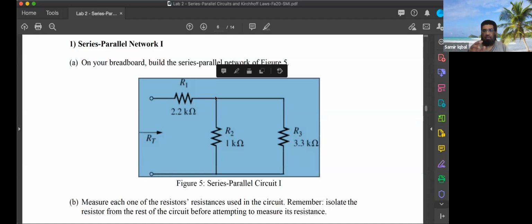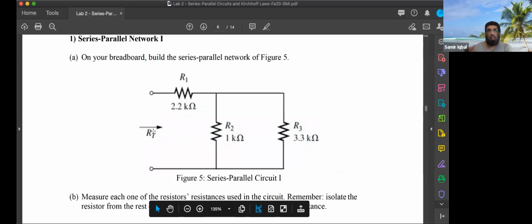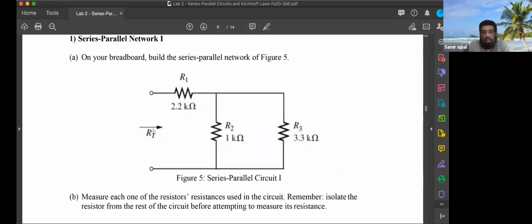And then you go inside out and see which resistances are more fundamental. Here you are going to build this network: two resistances in parallel and then one resistance in series. And then we'll apply voltage to it.